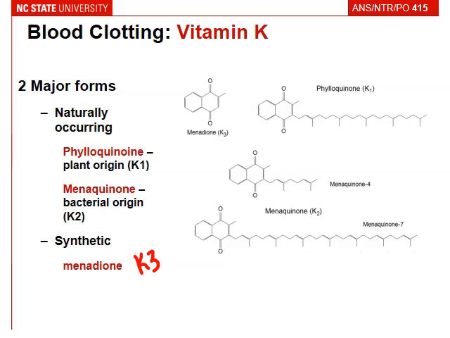Now the menadione does not have this carbon chain that you see in phylloquinone and menaquinone. So basically, when we absorb the menadione and it travels to our liver, we actually add that carbon chain onto the menadione.